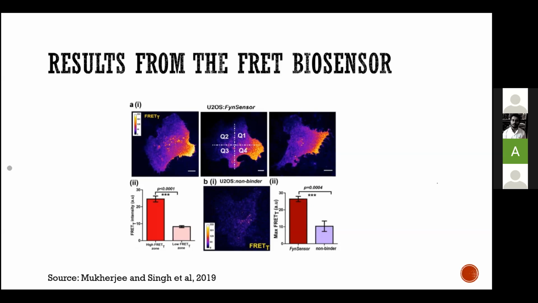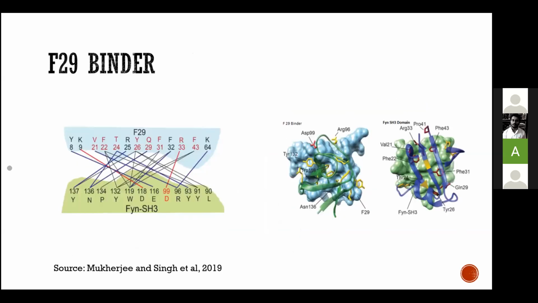So when you move to the next one, you see U2 as non-binder. What this non-binder is, essentially you are mutating certain parts of the F29 binder so that it doesn't bind to Fyn SH3. Mostly you were breaking down, maybe some salt bridge.